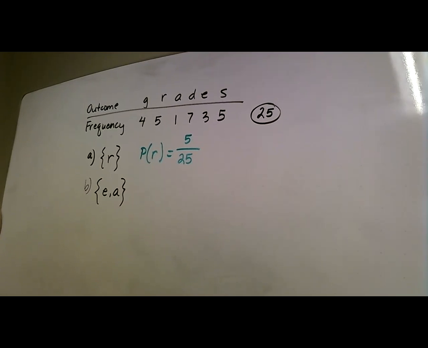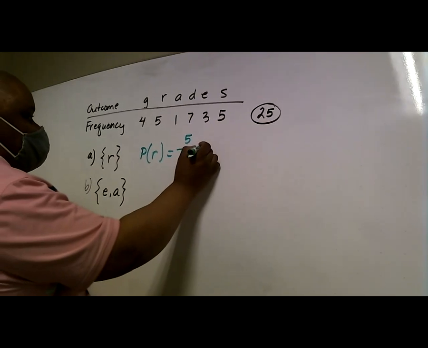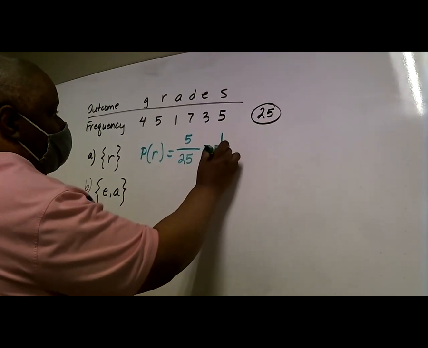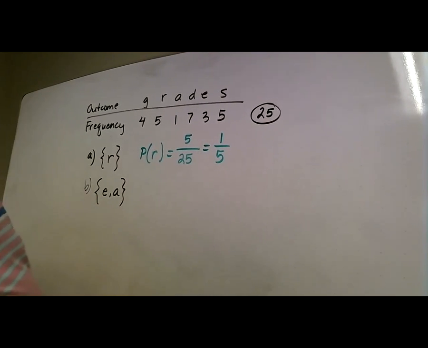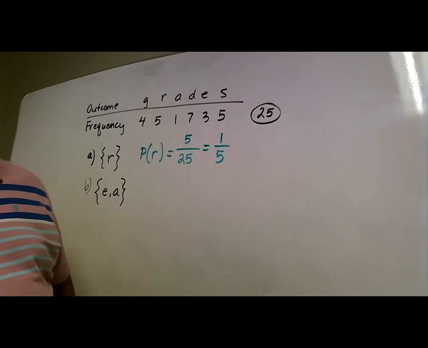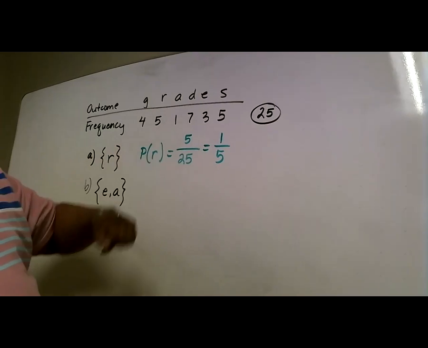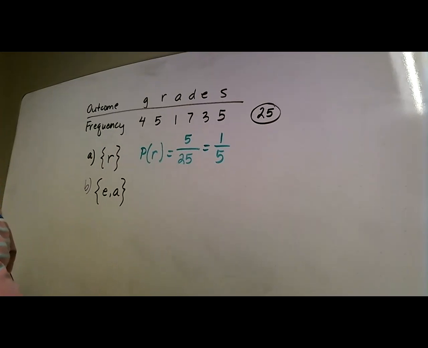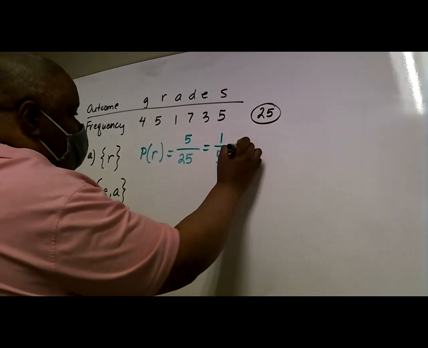All right. So here 5 out of 25, if we were to reduce that, this would be 1/5. Now, if they ask for the percent, you'll do 1 divided by 5 times 100. It'd be 20%.